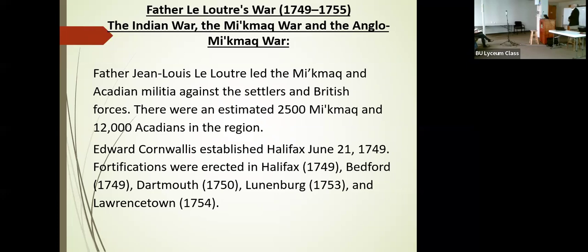The charge from the British government is to establish a base. We don't have Louisburg, but we need a naval base, so go create it. He creates Halifax in 1749, and then he builds some other settlements you see listed in different locations to reestablish and consolidate British authority.